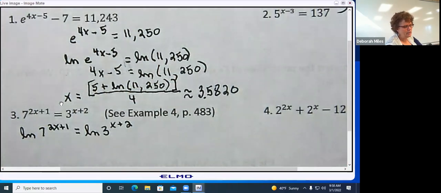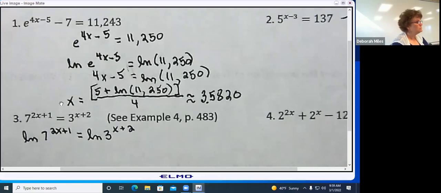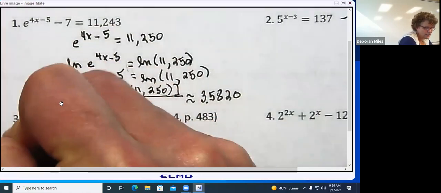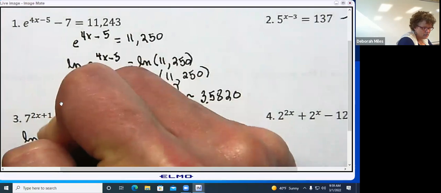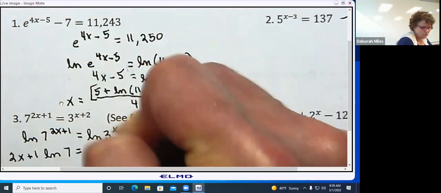And for just a minute, it looks like I made the problem worse instead of better. What was my purpose of taking the natural log of both sides? Why did I do that, Silas? Bring the exponent down. Yes, and when I do, I can make the most common mistake here. And Chastity's right.